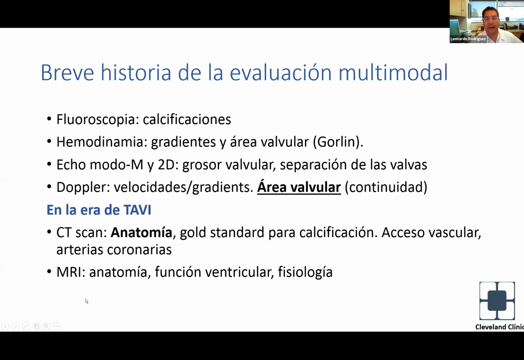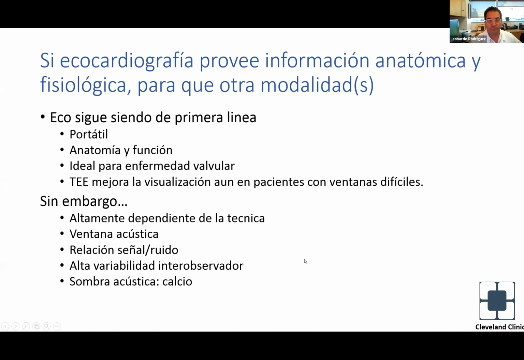Papel menor tiene la resonancia magnética en pacientes en que no puede hacerse la tomografía computarizada o que el eco es de muy mala calidad, para ver el anillo mitral, y en algunos casos para ver la función ventricular y la cantidad de fibrosis miocárdica que puede tener impacto en el pronóstico de estos pacientes.